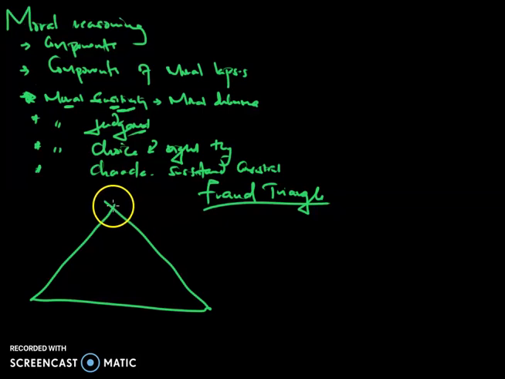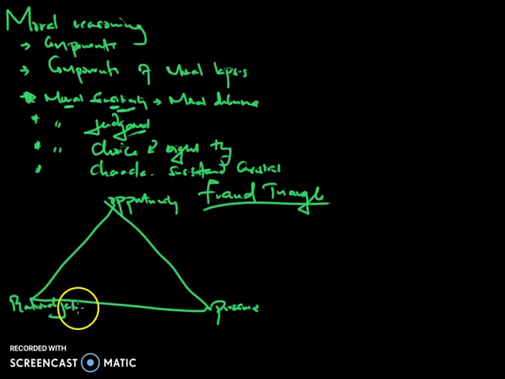So on this end we have pressure. On top you have opportunity, and on this side you have rationalization. What the fraud triangle tries to say is that for a person to be corrupt, to make an ethical mistake, three things need to be there.